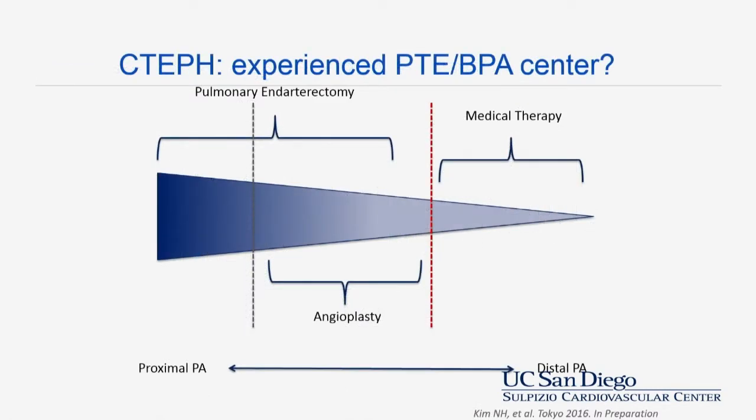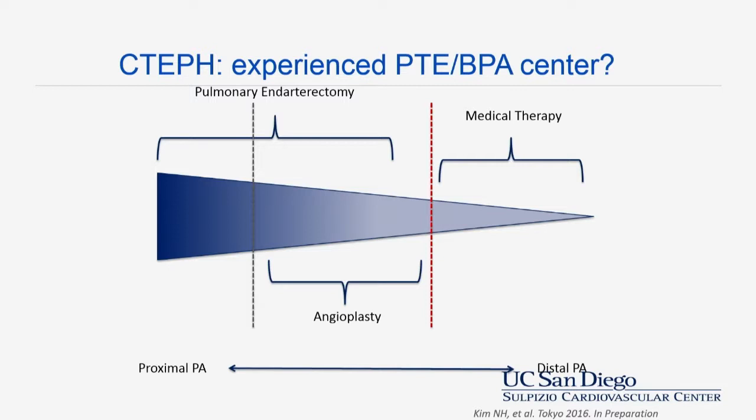Where do I think the field stands today? If you think about the pulmonary artery with disease in the proximal all the way out to the distal vessels, level 1 to level 4. Segmental is a subsegmental disease, so proximal is lobar disease, distal is subsegmental disease. Then we believe that the more proximal the disease, PTE, or the surgical endarterectomy is the preferred modality.